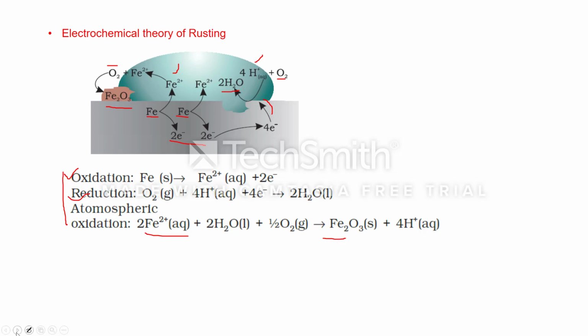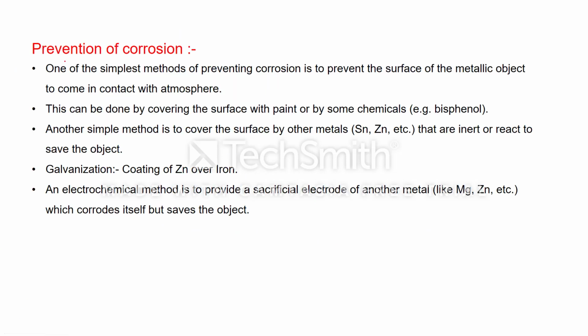Clear? Now how can we prevent corrosion? Actually, corrosion is due to the reaction of metal with water, air and other gases present in the atmosphere. If we prevent the contact of the metal with oxygen, air and other substances, then we can prevent corrosion.